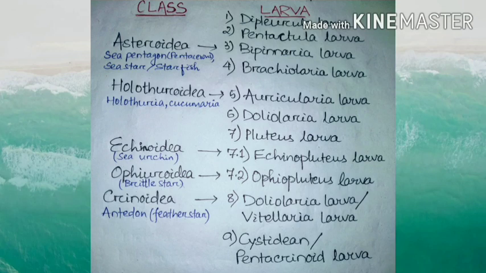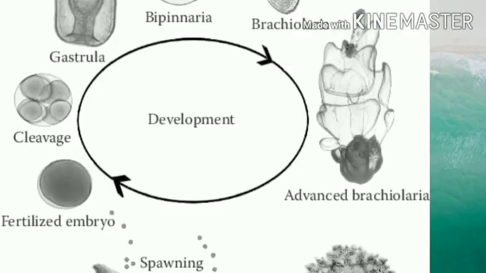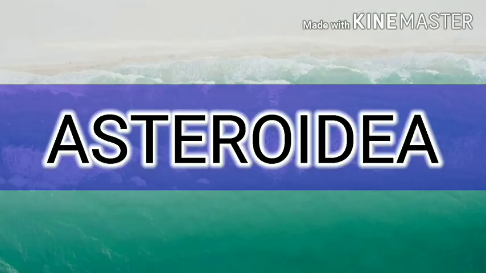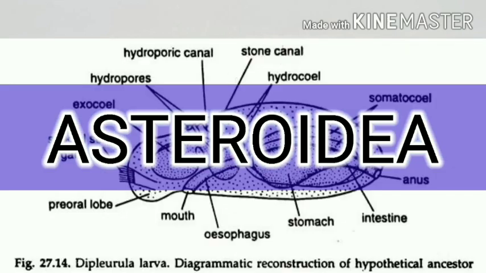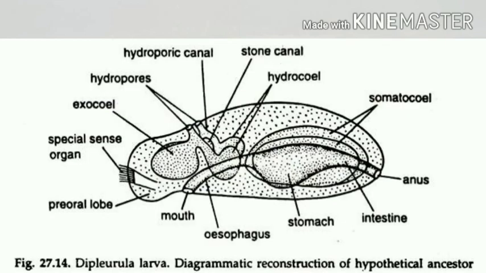So the first one is the larvae of Asteroidea. There are three larval stages in Asteroidea in the course of their development to the adult stage. Those are the early bipinnaria, means the dipleurula stage, and the pentacula larval stage. In the dipleurula larva, the mouth is on the ventral side, and the anus is disposed ventrally.